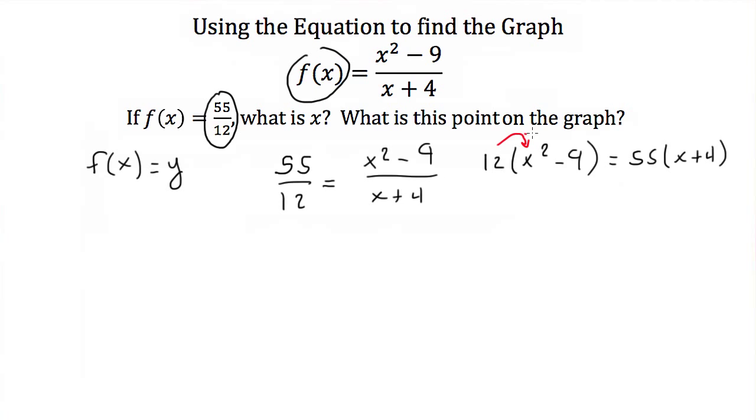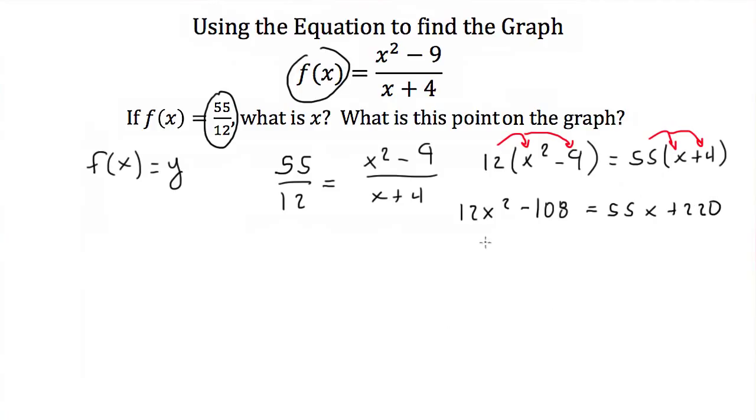If we distribute the 12 inside these parentheses and the 55 inside these parentheses, we'll end up with 12x squared minus 108, and that's equal to 55x plus 220.